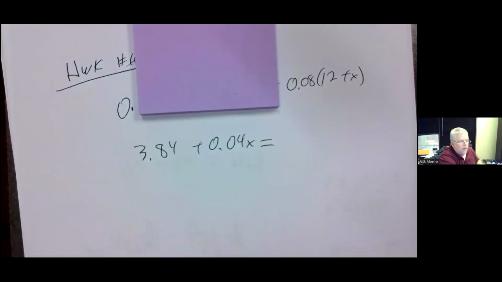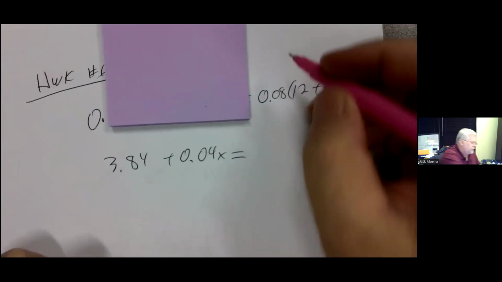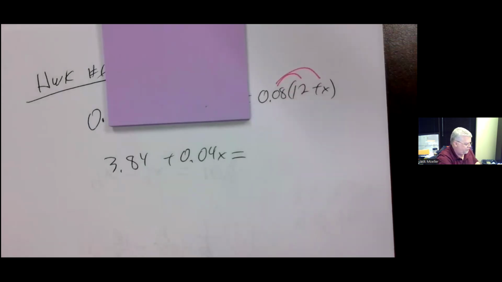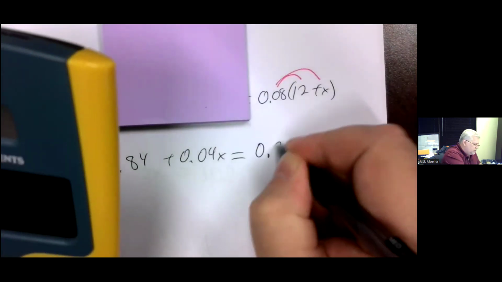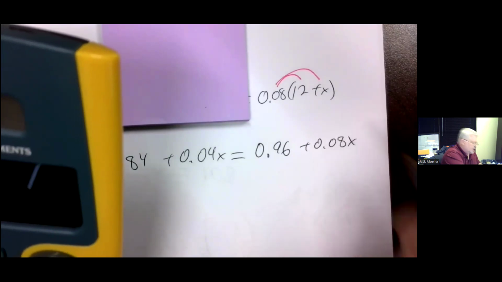Okay, and now what do we do on the right-hand side? Well, that is a distribution problem because we have a number outside the parentheses with two things in it. So we're going to do 0.08 times both of those. 0.08 times 12 is 0.96. And 0.08 times x is plus 0.08x.